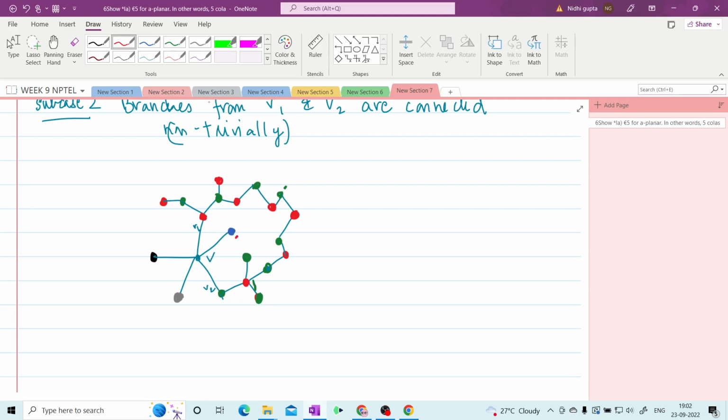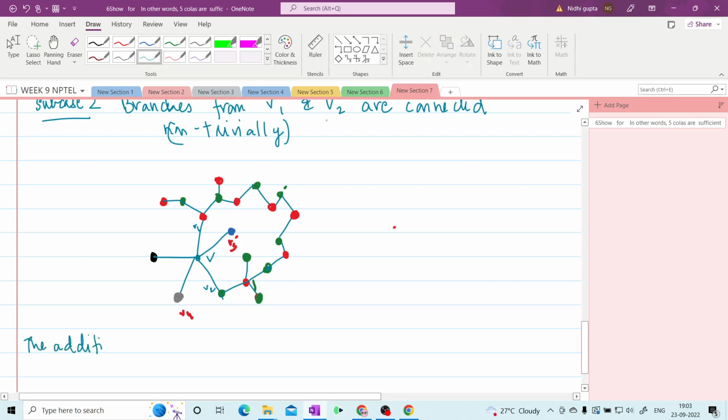If you consider a closed curve, V1 V2, and this was, say, V3 V4, at least this additional cycle separates V3 and V4.